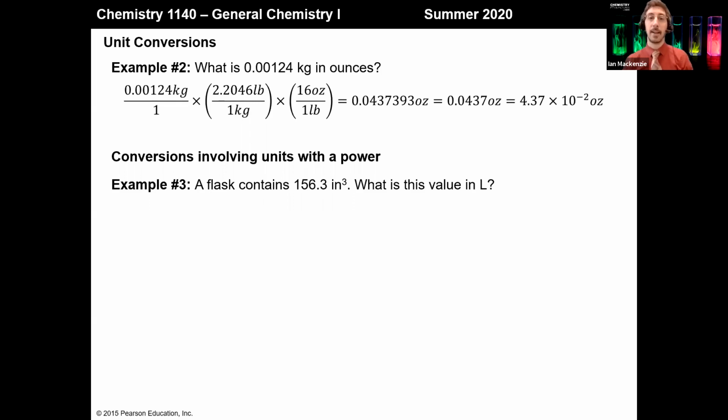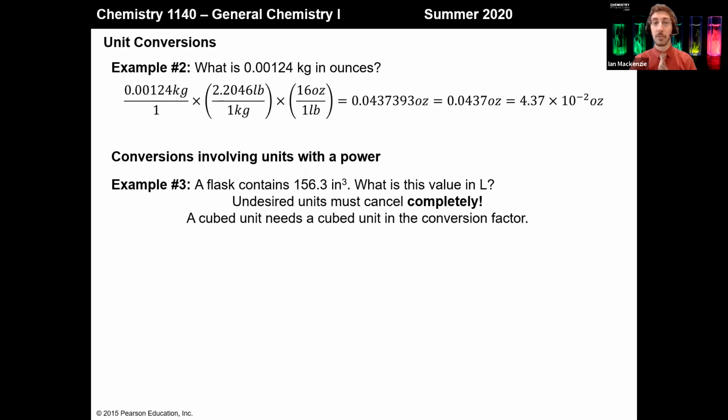So a flask contains 156.3 inches cubed. That's its volume. What is this value in liters? Well, the main thing here is that undesired units have to cancel completely. I cannot cancel a unit with a power with a unit that does not have a power.